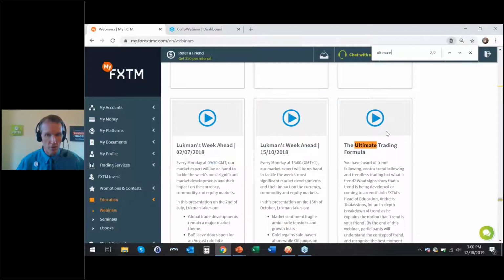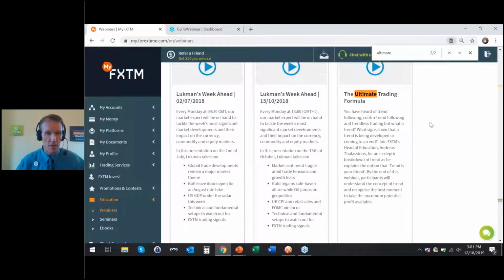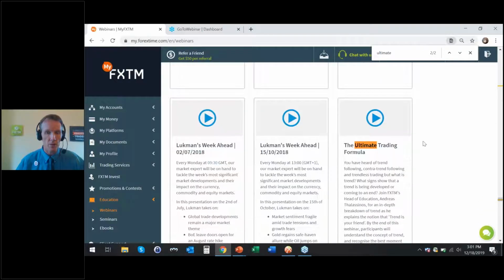You can use a variation of it, it must just be a simple, well-defined method. This is still a very good one. It's a little bit earlier, mine is a little bit later. You'll see what I mean now. And if you just go up a little bit, the Fibonacci strategy explained, right? That is his risk management, money management system. So that's his system for entries and so on.